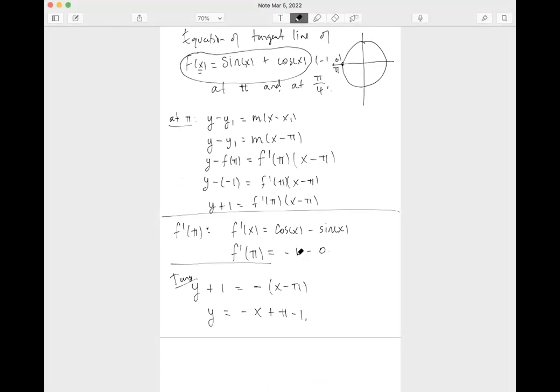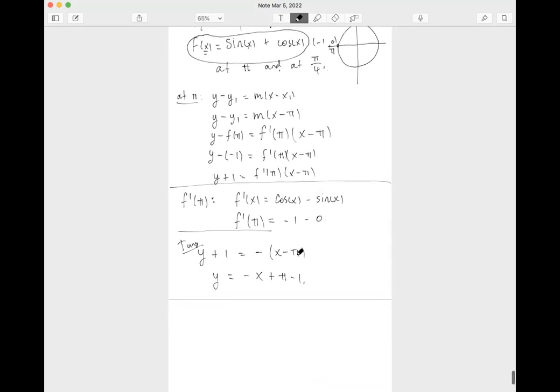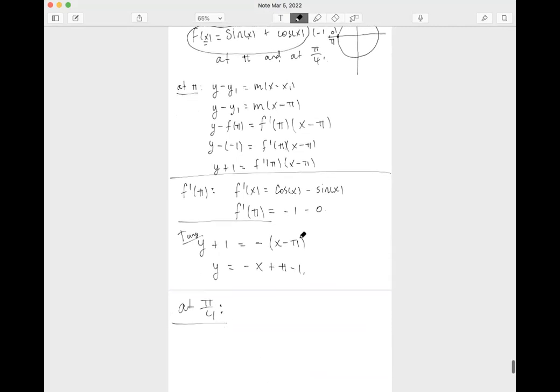Oh yeah, maybe we could do pi over 4 as well. So we can just go to our equation of the tangent line. It'd be y minus f of pi over 4 is equal to f prime of pi over 4 times (x minus pi over 4).